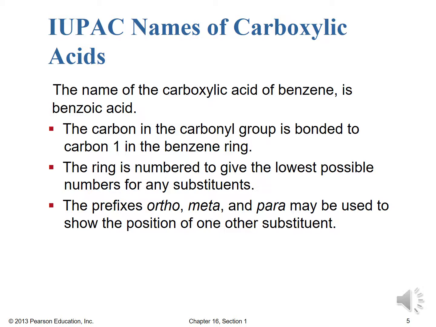The ring is numbered to give the lowest possible numbers for any substituent, so we may be going clockwise or counterclockwise depending on what gives us the lowest sum of the substituent numbers. And then finally, for common names, the prefixes ortho, meta, and para may be used to show the position, but in IUPAC we should be using the numbers, so 1,4 as opposed to para when we're dealing with IUPAC versus common names.